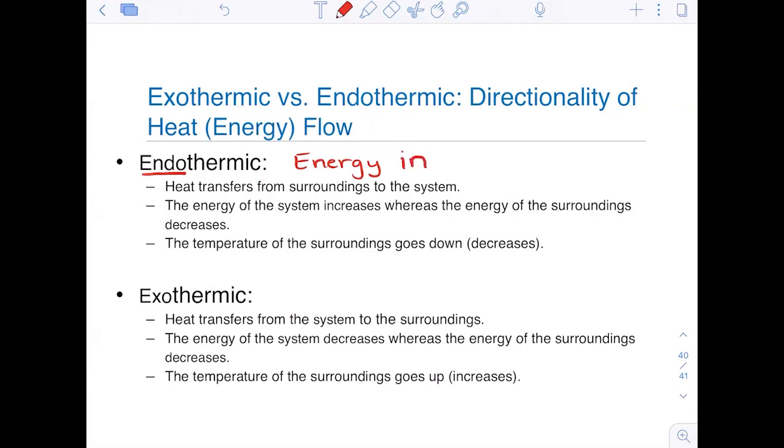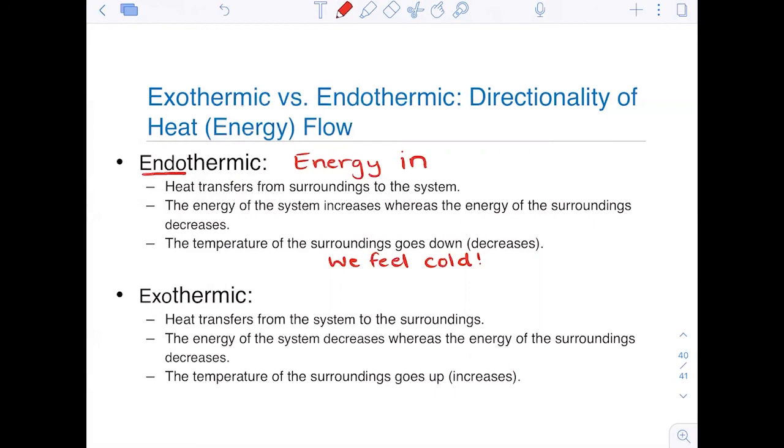This is normally when we, the surroundings, feel a decrease in temperature. We feel the reaction getting colder. That's not that the reaction is releasing heat and getting colder. It's the reaction taking our thermal energy and utilizing it in some way, shape, or form, kinetic energy.